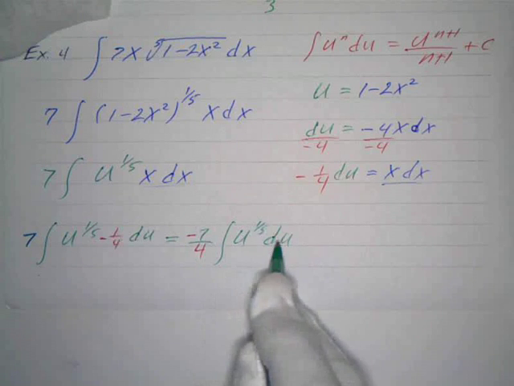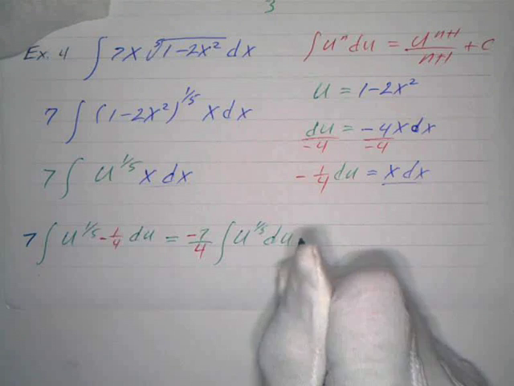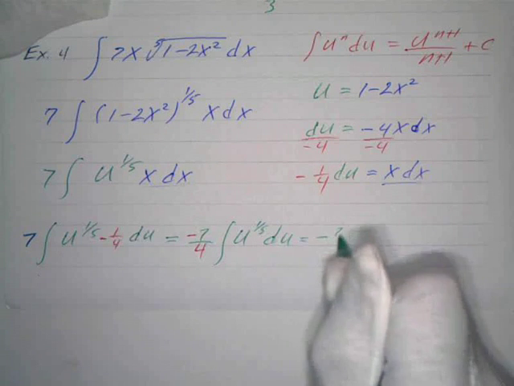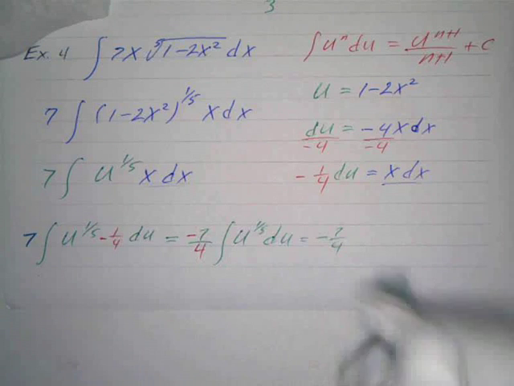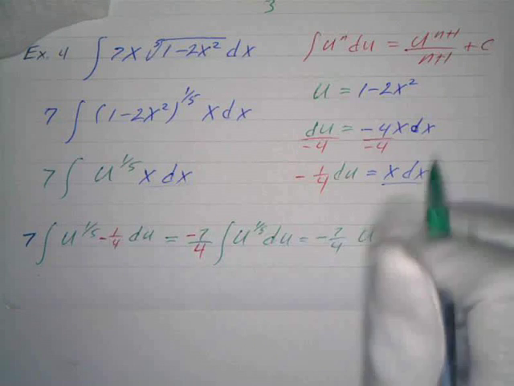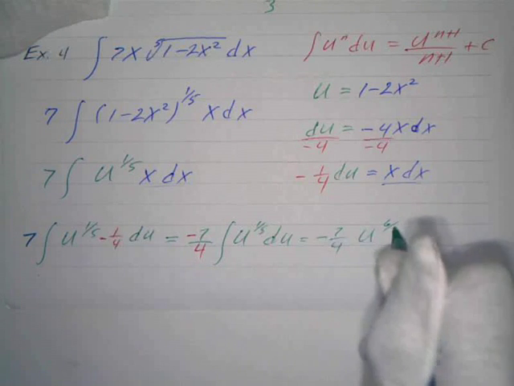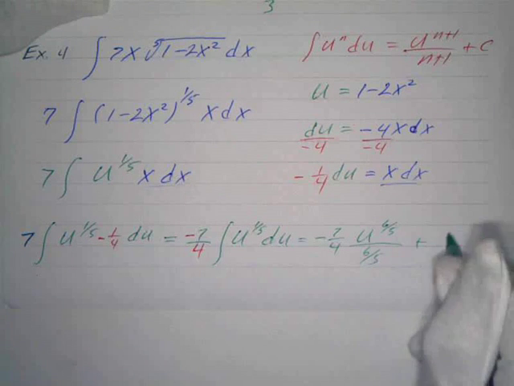Now we've got u to the n du, and we have a negative 7/4 in front. u to the 1/5 becomes u to the 1/5 plus 1, so 1/5 plus 5/5 is 6/5, divided by 6/5, plus c.